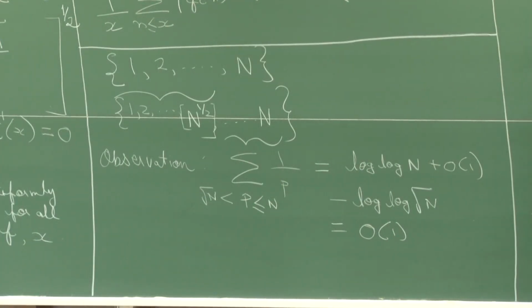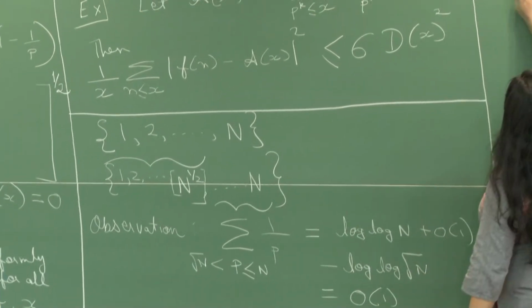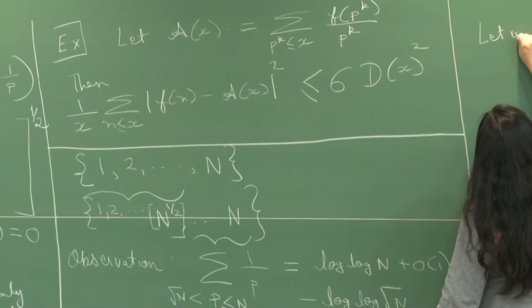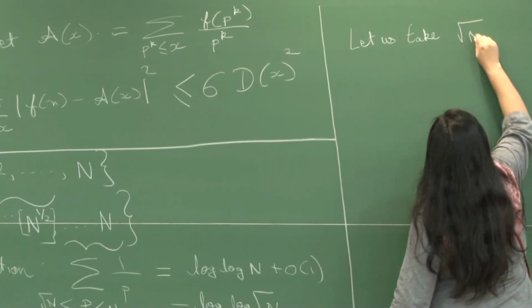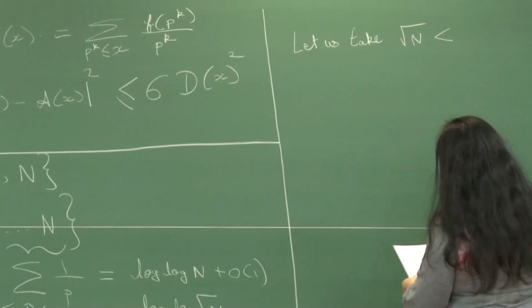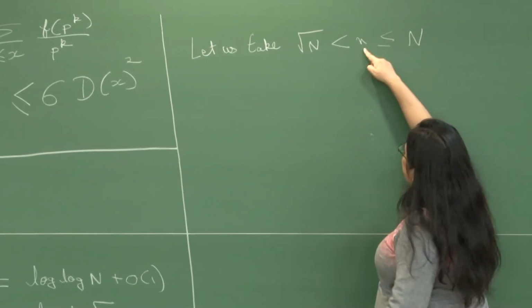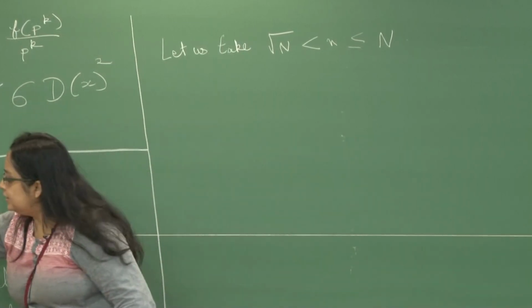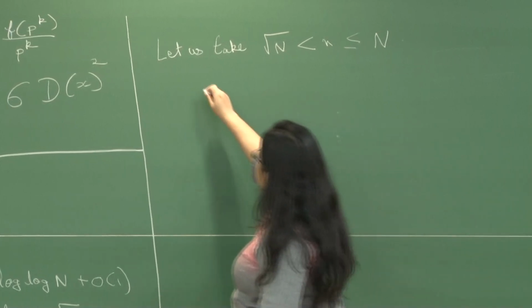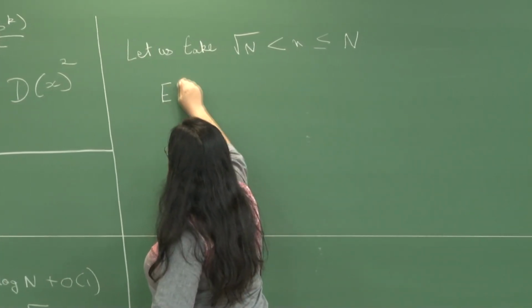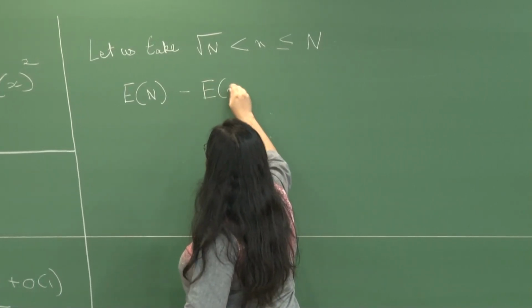So, here is what we observe. Let us take root n to be less than little n. So, let us choose any little n in this set which lies in the latter part of this set. Then, what can you say about the difference between E of n minus E of little n?